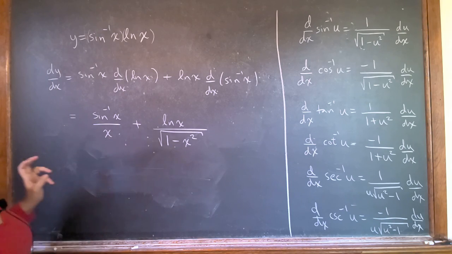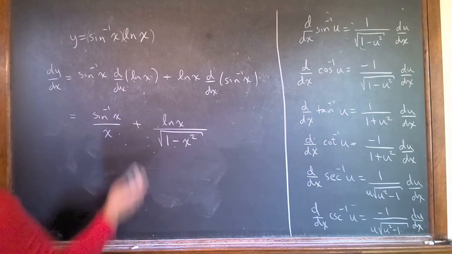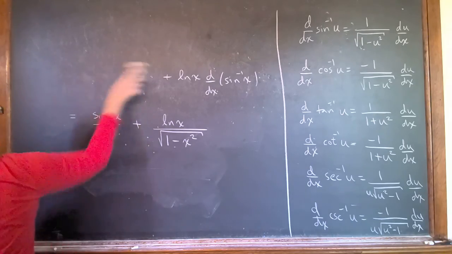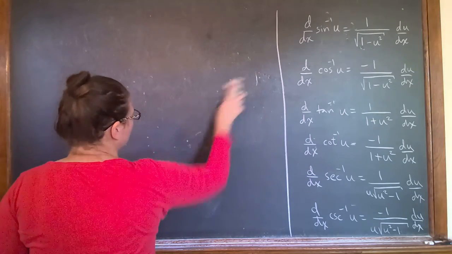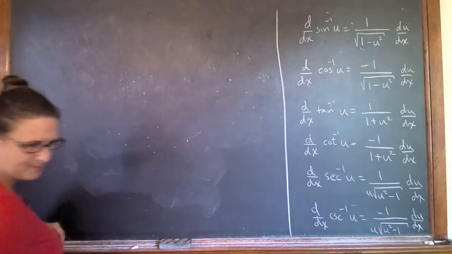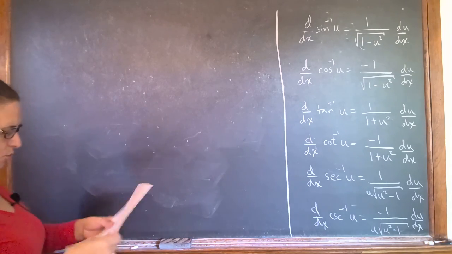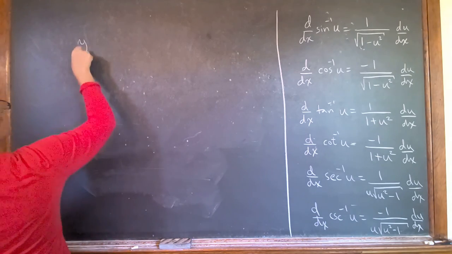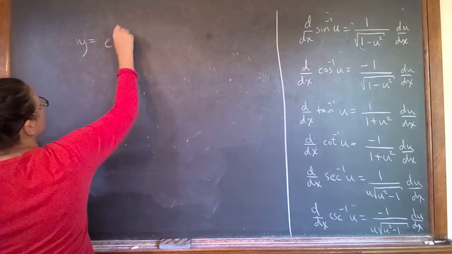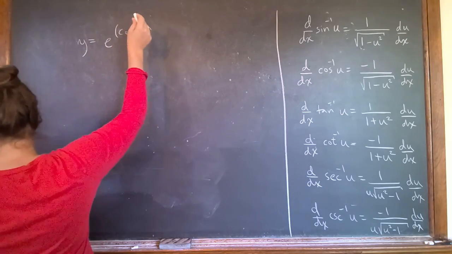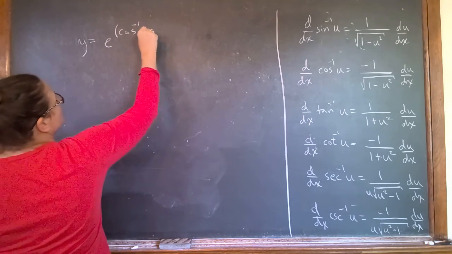Okay, I'm going to do one more that is a little bit, it's not even that bad, but this is one where we have to do a multiple chain rule kind of thing. e to the inverse cosine of x squared.